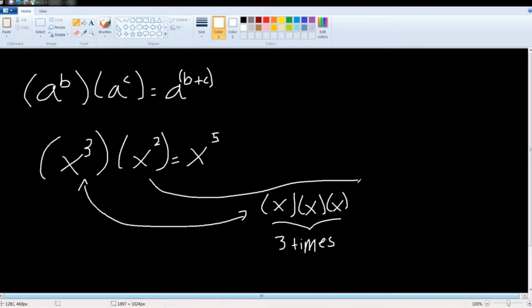Now let's look at x squared. How do we expand out x squared? Well, that's the same thing as saying x times x. How many times? 2 times.